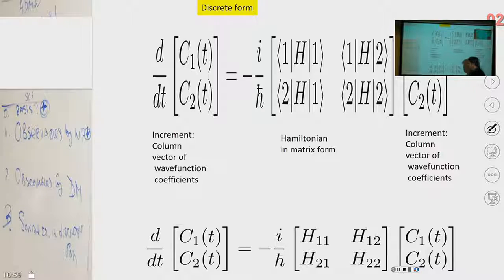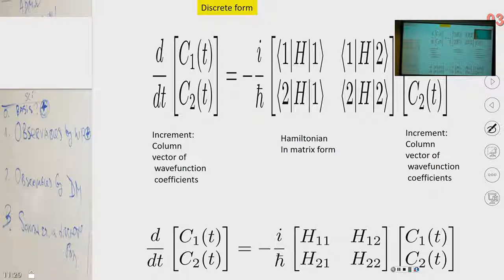Instead of a continuous function, we can represent the wave function as a set of discrete expansion coefficients. It doesn't surprise you. And then we can set up an equation for this vector, or for each element of this expansion. So we have time derivatives of these coefficients on the left, and on the right there will be a matrix that replaces, or represents, the Hamiltonian.